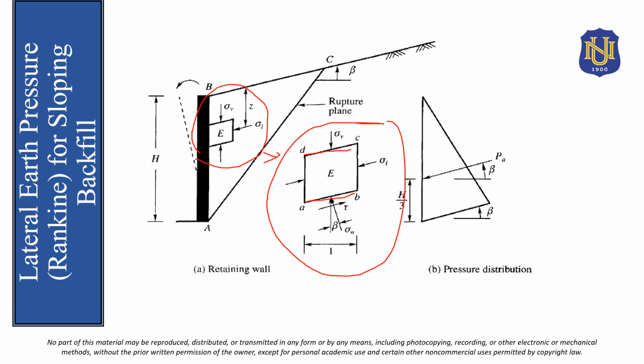That means the normal force of this plane is inclined at an angle beta from the vertical axis.